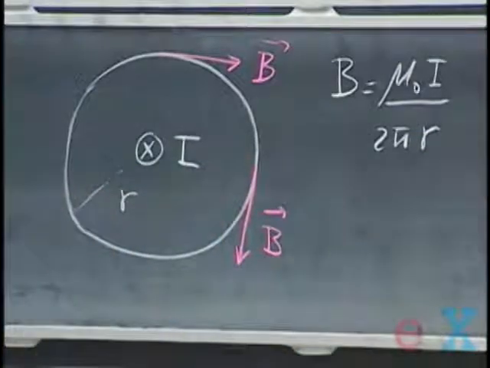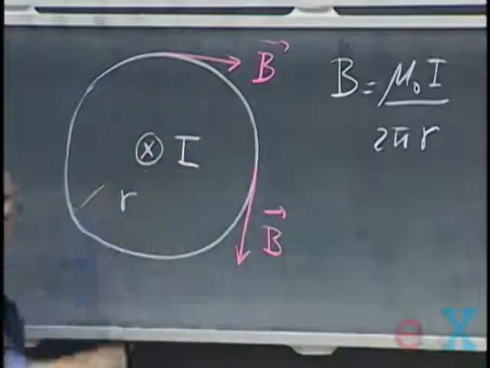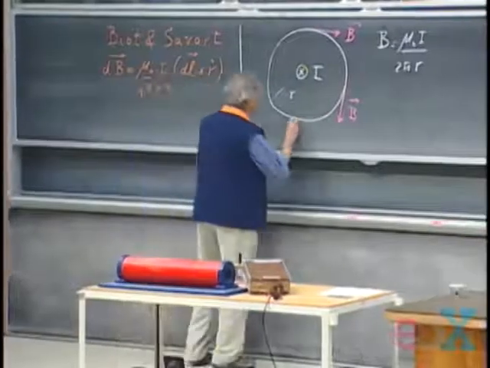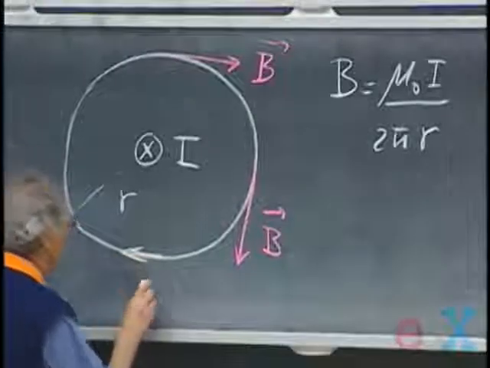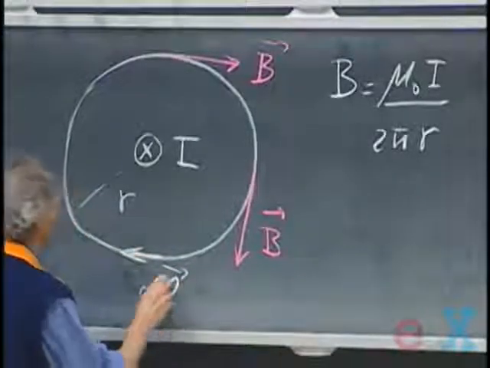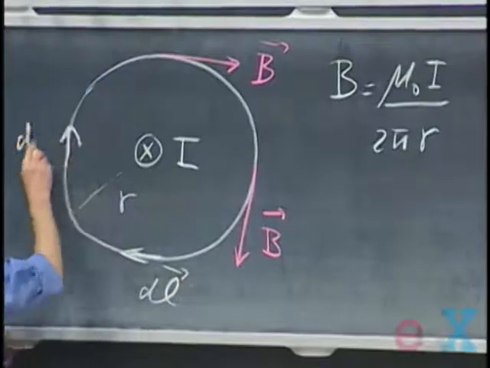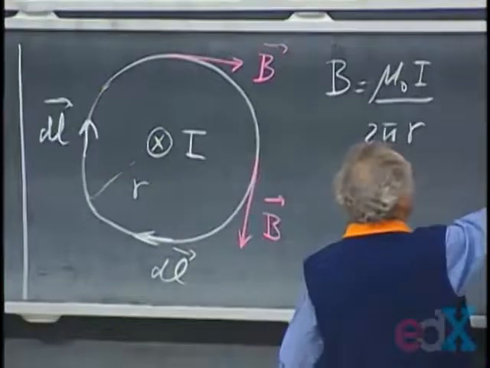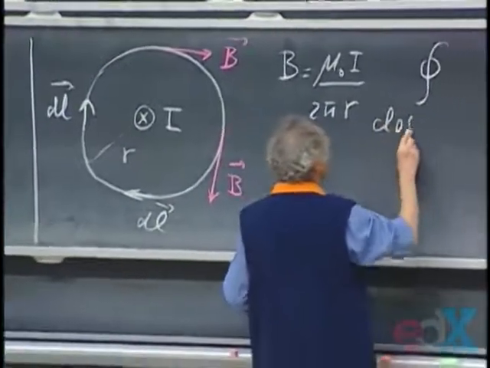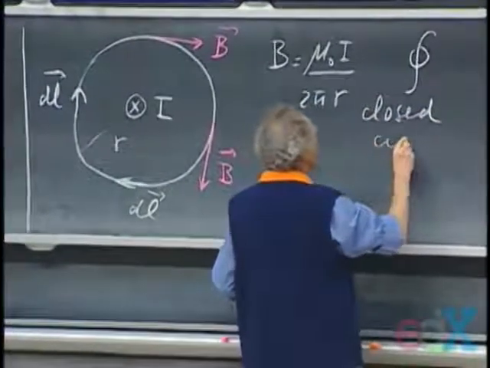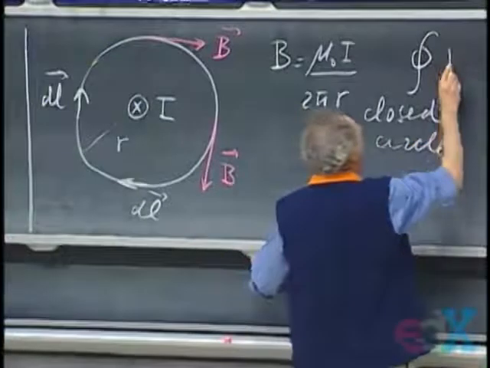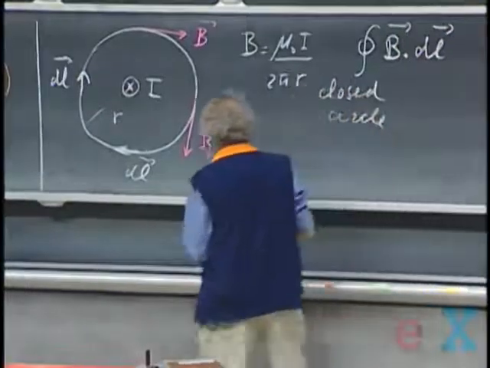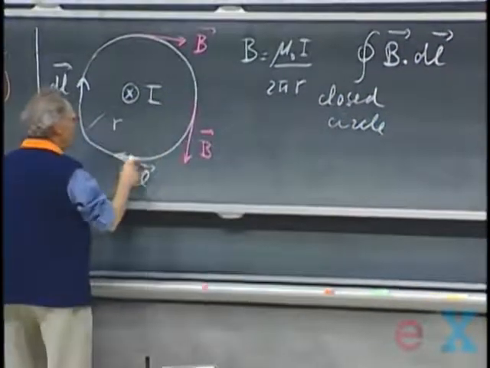If you walk around this circle, and you carve it up in little elements dl, and you calculate the closed circle integral of B dot dl, everywhere locally you dot B with dl.